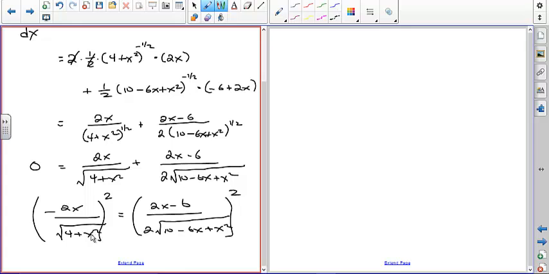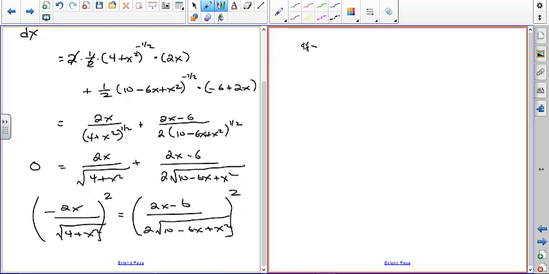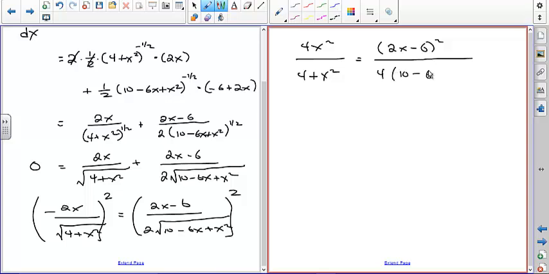So what happens is when you square this, you'll get 4x squared. The negative will become positive. The denominator, you get 4 plus x squared. The numerator here, you'll get 2x minus 6 squared, so we're going to have to multiply that out. And the denominator becomes 4 times 10 minus 6x plus x squared.